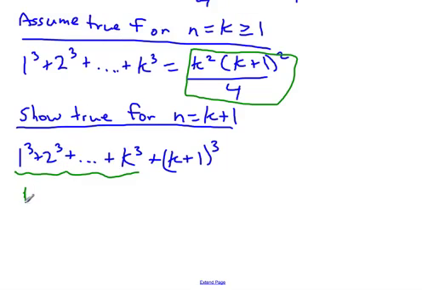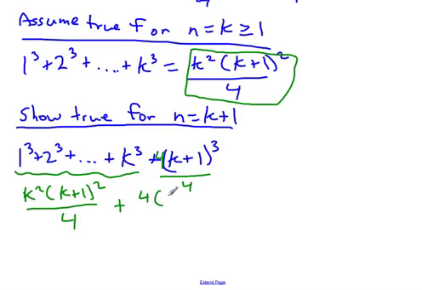So that's k squared times k plus 1 squared out of 4. And for this bit here, we can write this out of 4 as follows. So we can write this as 4 times k plus 1 cubed out of 4.